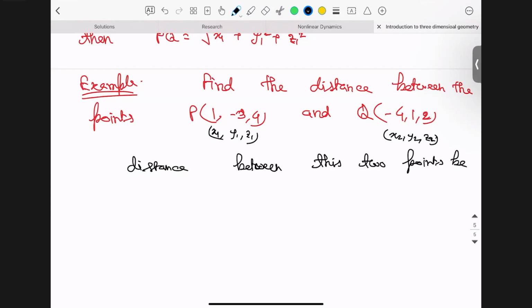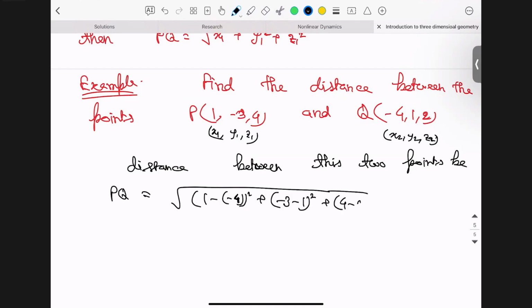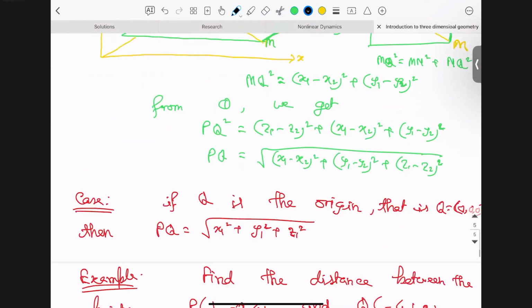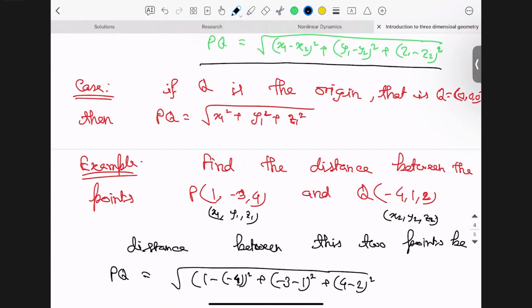So the distance is the square root of (1 minus 4) whole square plus (minus 3 minus 1) whole square plus (4 minus 2) whole square. I have just put the coordinates of the points in the above derived formula, so I obtained this.